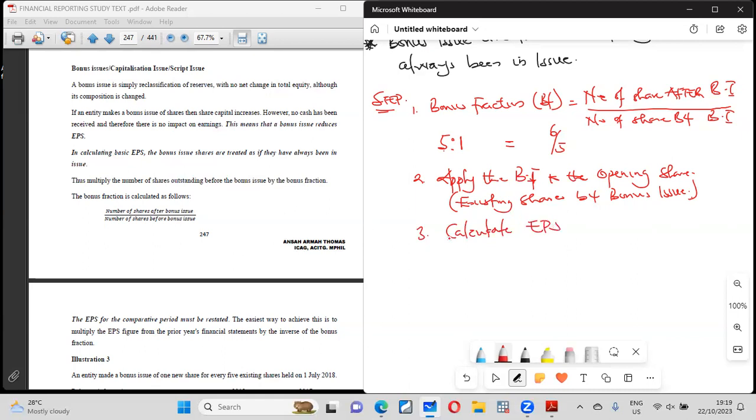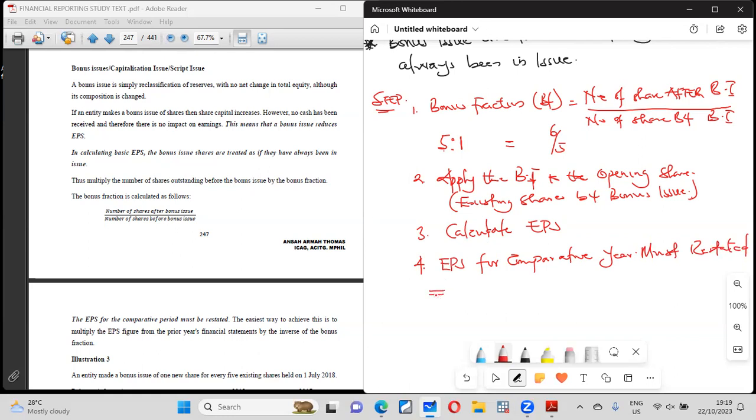And maybe let me add the step 4. Step 4 will be, EPS for comparative years must be restated. So restate EPS for comparative years. How do you do the restatement?